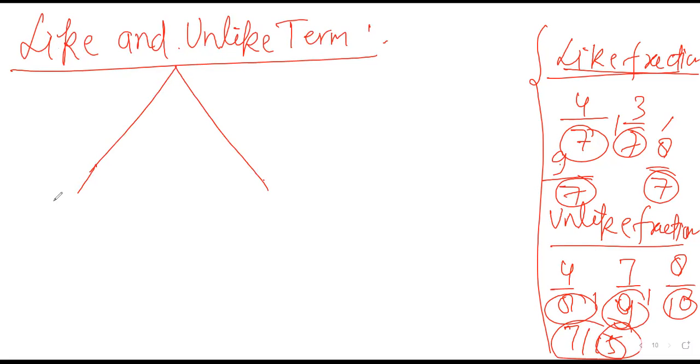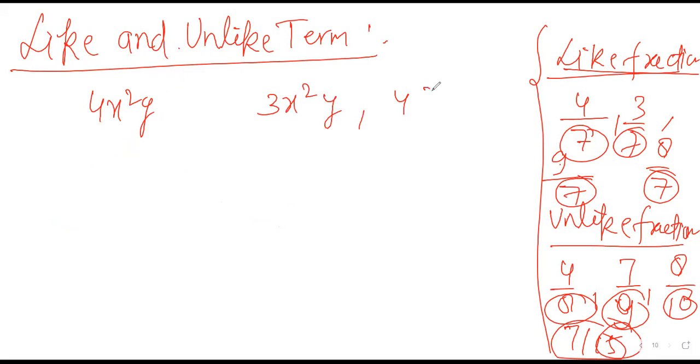I have written some examples, where 3xyz. Just give me 1 minute because it was not giving us a clear idea. So let us write some examples. 4x square y, 3x square y, 4x y square.